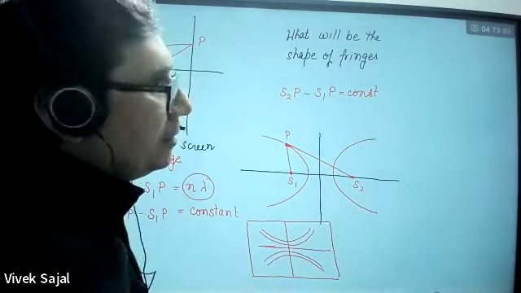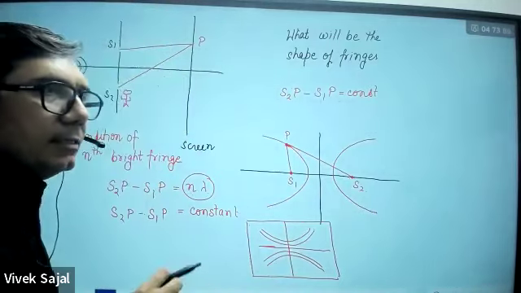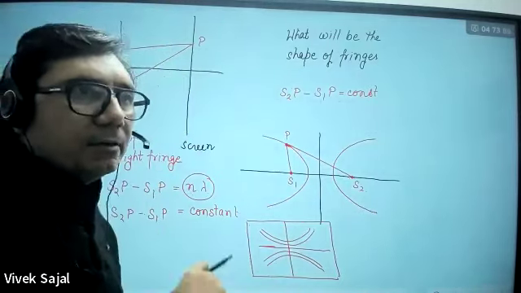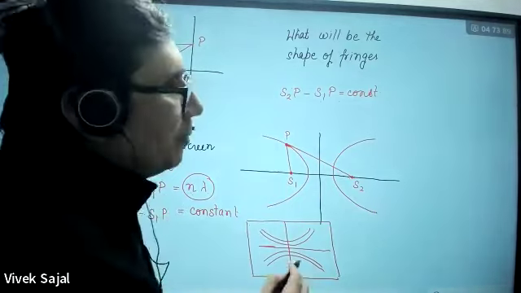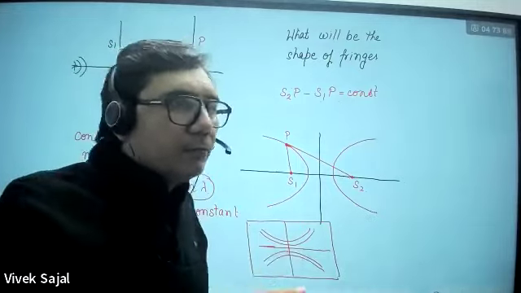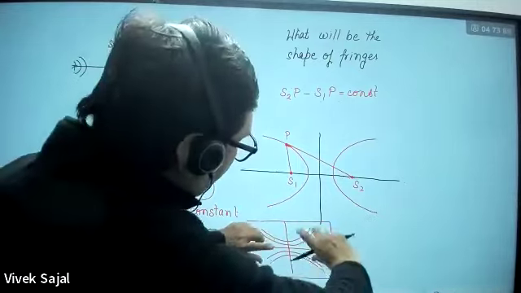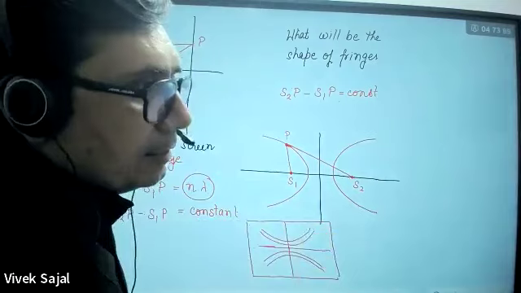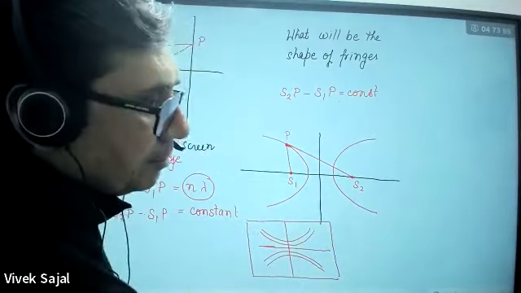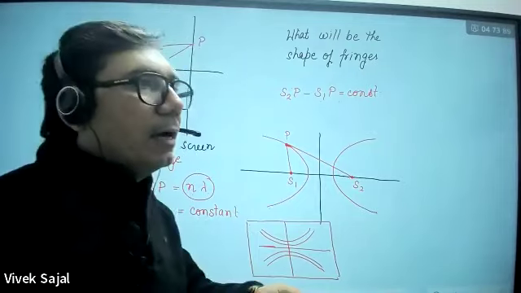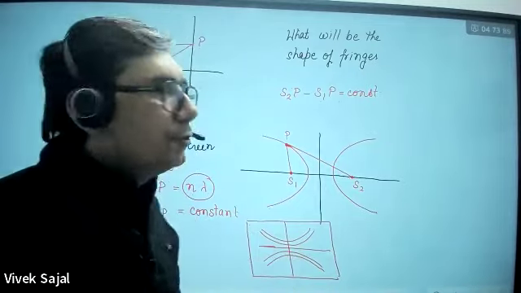So the shape of the fringes: the nth order maxima, first order maxima, second order maxima, they will be hyperboloids of revolution. If you rotate these like this, or revolve them in this way, then you are going to get a hyperboloid of revolution.